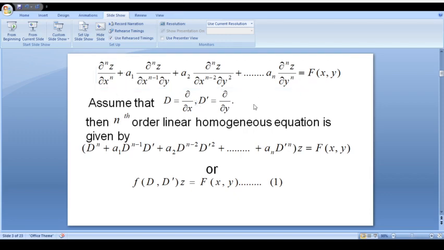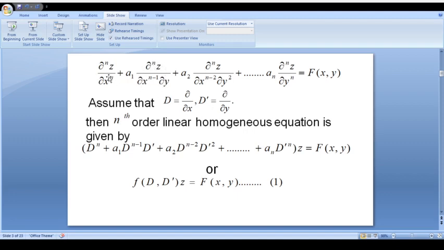Now here all the partial derivatives exist in first degree, but the order is different. So here the first partial derivative is of nth order, but degree is 1, and similarly the second is also of order n, but degree is again 1.